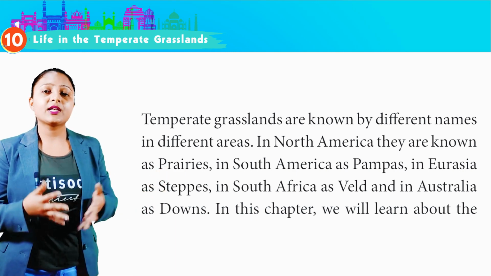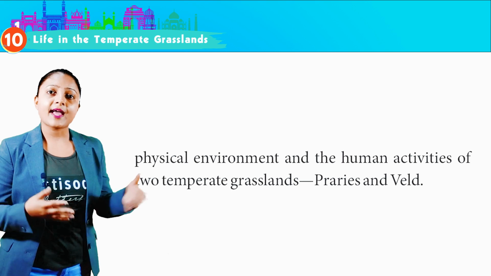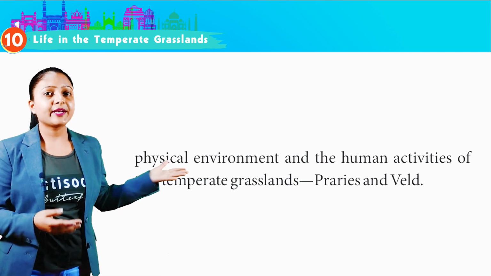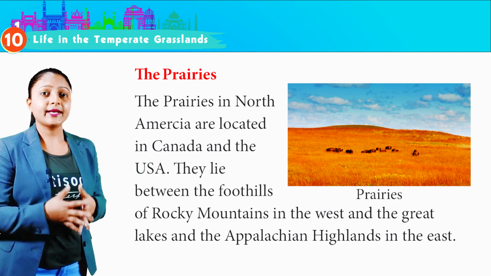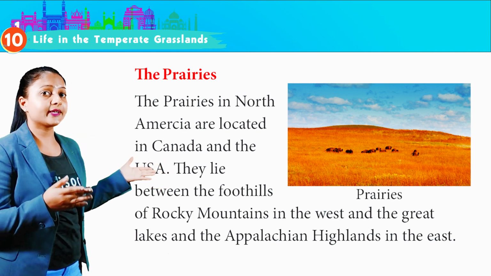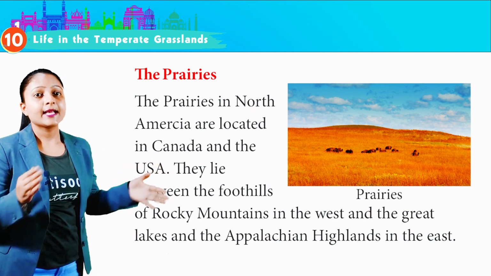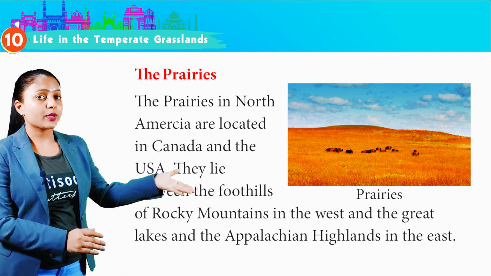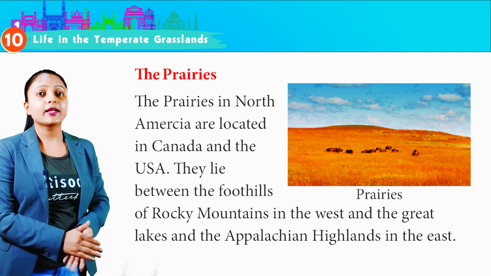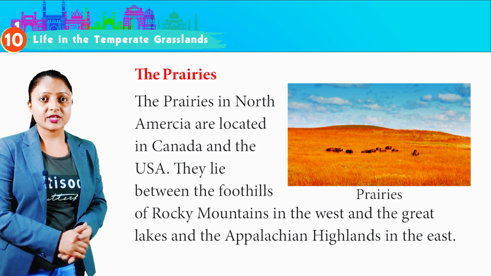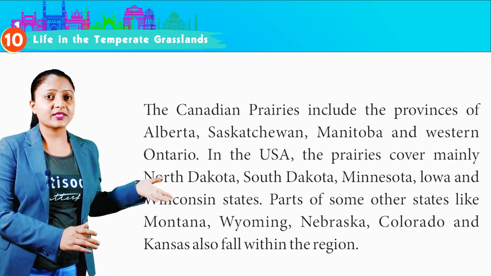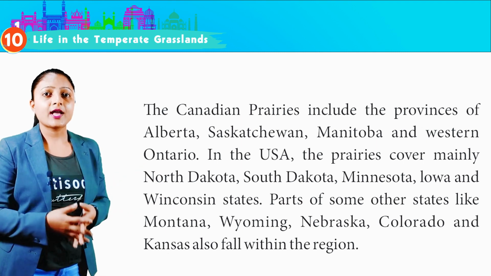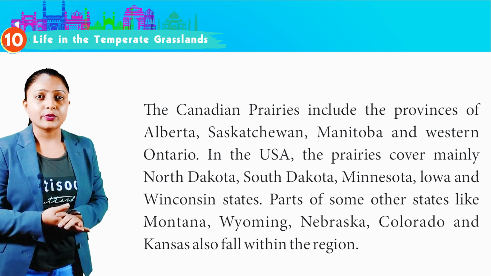In this chapter, we will learn about the physical environment and the human activities of two temperate grasslands, prairies and veld. The prairies. The prairies in North America are located in Canada and the USA. They lie between the foothills of Rocky Mountains in the west and the Great Lakes and the Appalachian Highlands in the east. The Canadian prairies include the provinces of Alberta, Saskatchewan, Manitoba, and Western Ontario.